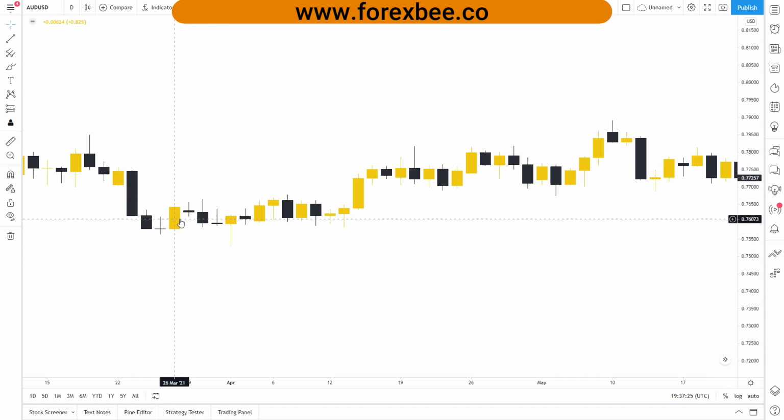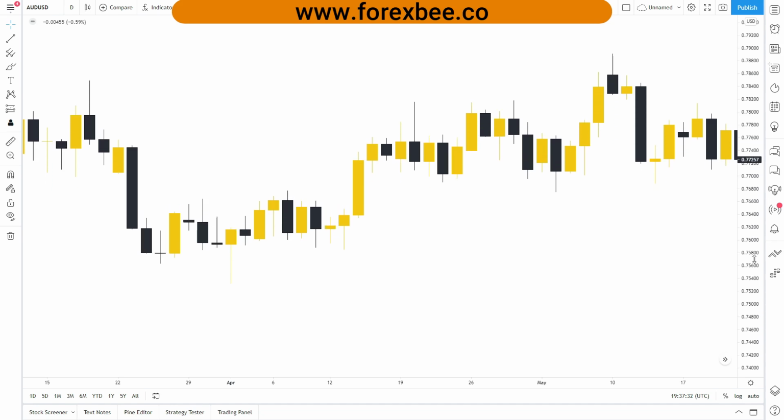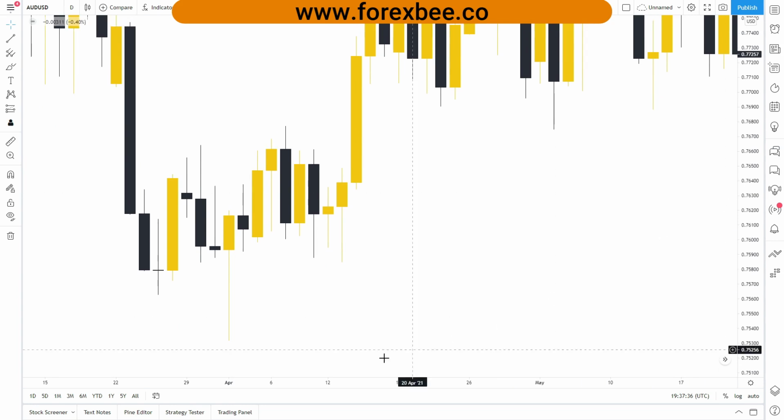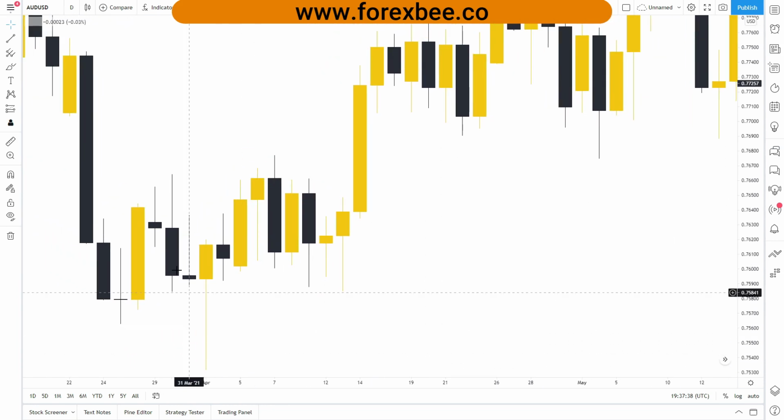As you can see, this candle is totally engulfing this candle. So let me zoom in a little bit so that you can see clearly. This candle is being engulfed by this bearish candle. Both candles are bearish, and this is valid for our analysis because this is basically a bearish engulfing candle.